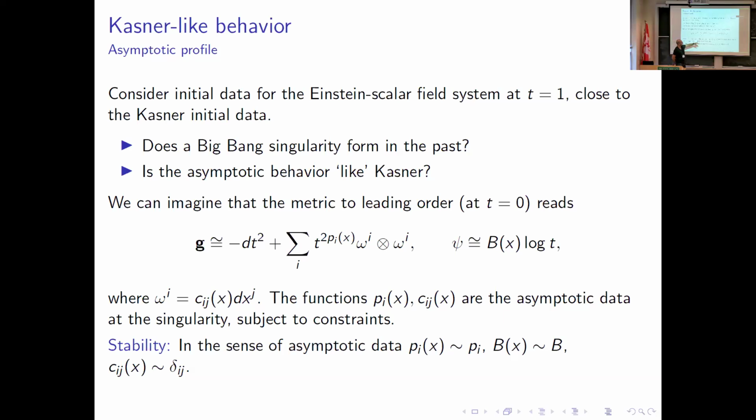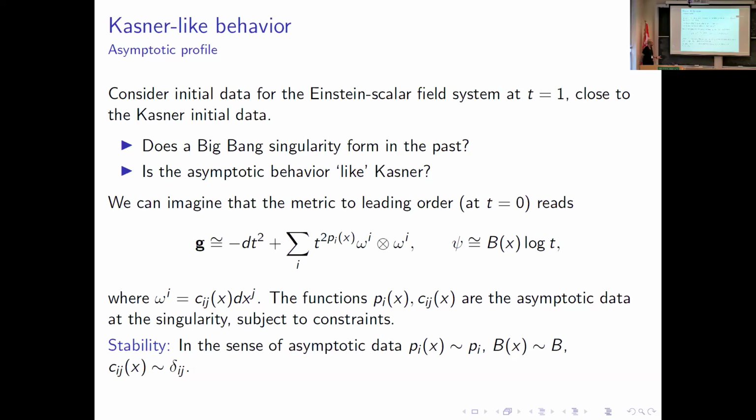So the pi's now are functions. The coefficient, the leading order behavior of the scalar field is the same in terms of t, but the coefficient can depend on x. And the one forms that diagonalize the metric, these are all also x dependent. Okay, and in Hans's talk, we heard that these pi's and c_ij's are related to the geometric initial data, the singularity of these solutions.